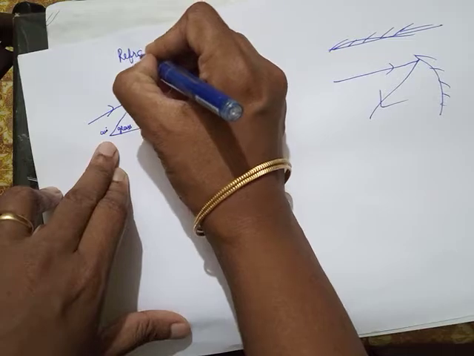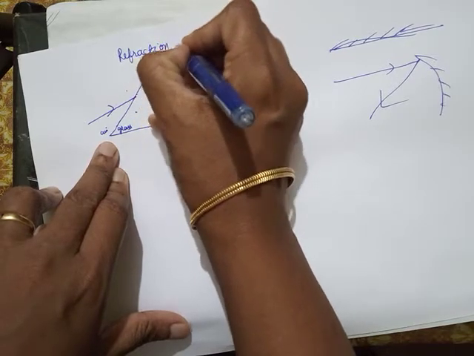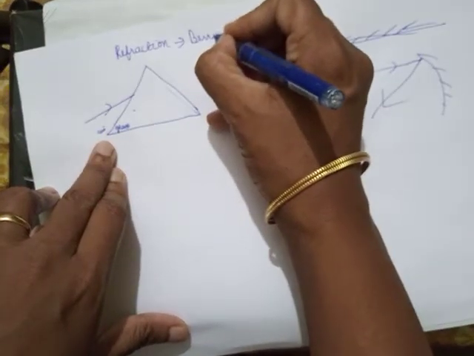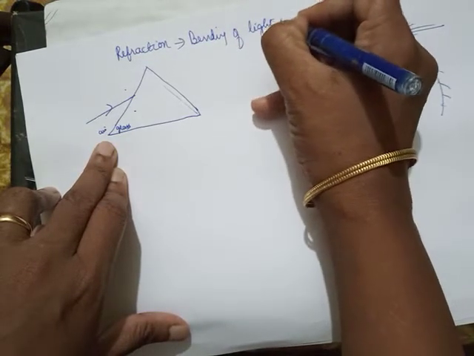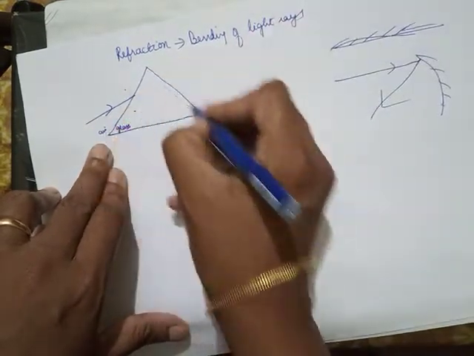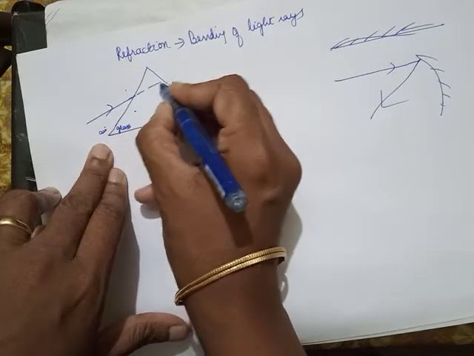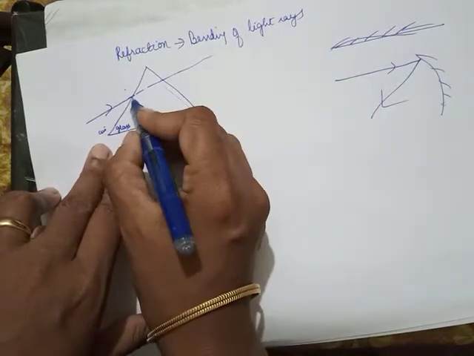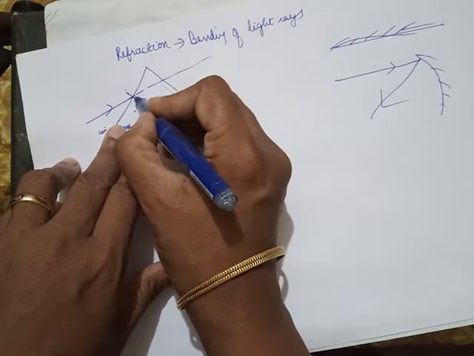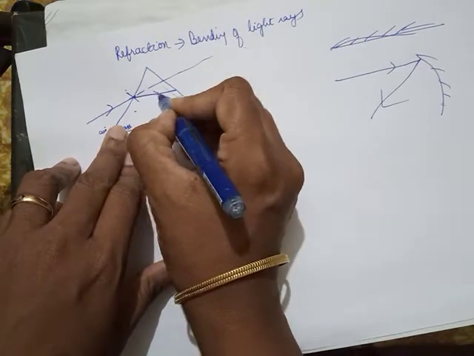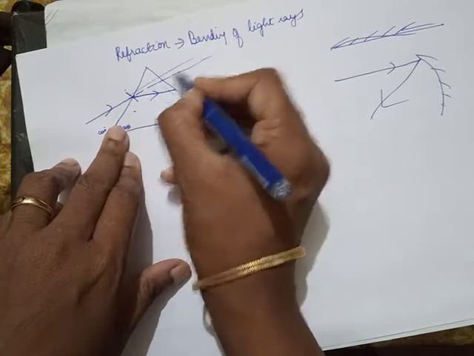Refraction is basically bending. Remember, refraction is bending of light rays. Without this, it would have gone straight like this. But because of this prism, the ray will not go like that, but it will go like this. Instead of going straight, it will bend.